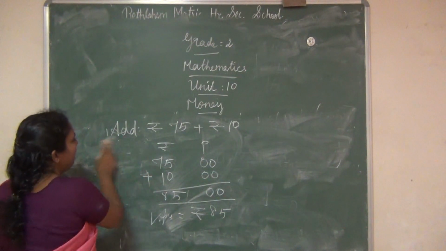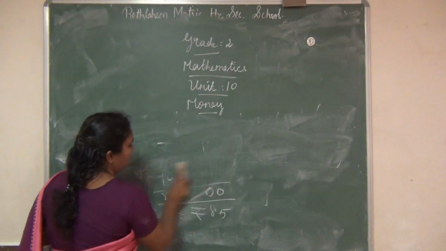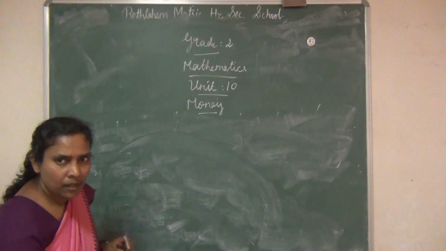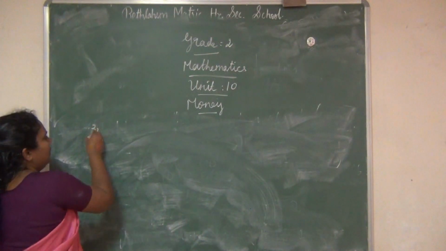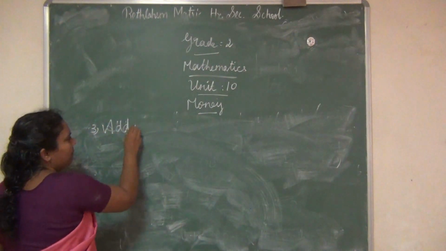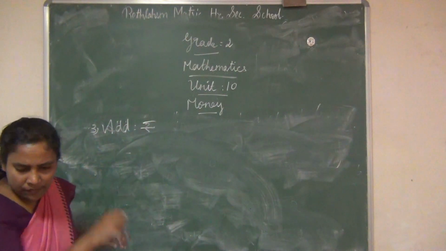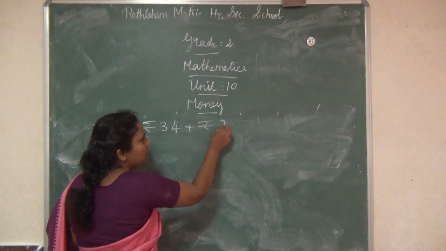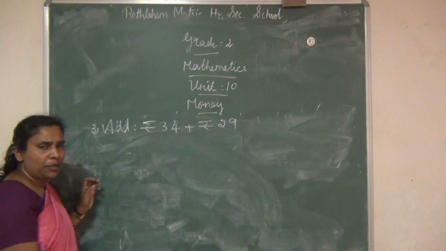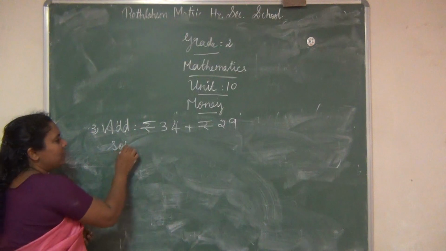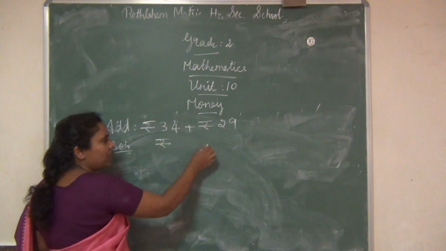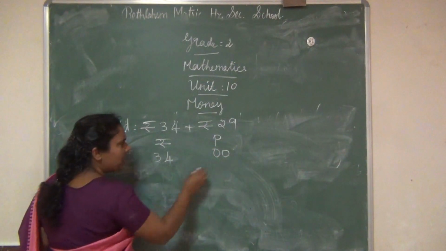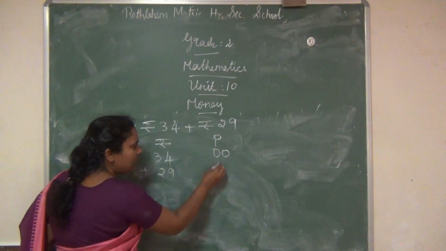Third one. Add rupees 34 plus rupees 29. Do you know how to add? Listen to the solution, very easy. First we want to put rupees and pies. Next we should put 34 rupees, no pies, plus 29 rupees, no pies.